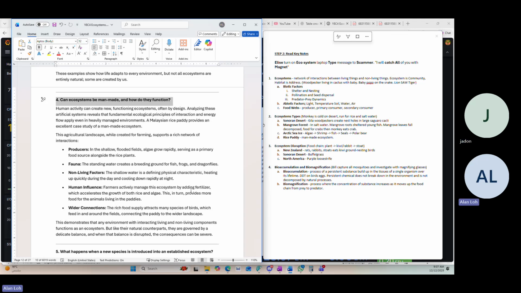Two. Yes, number 2. Rice paddy, right? Because it's a man-made ecosystem. Right, good.